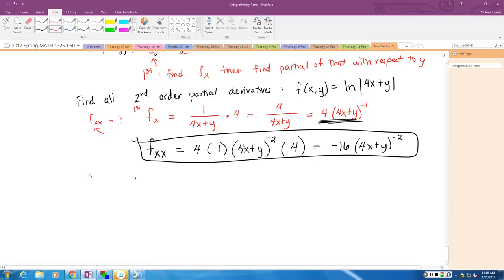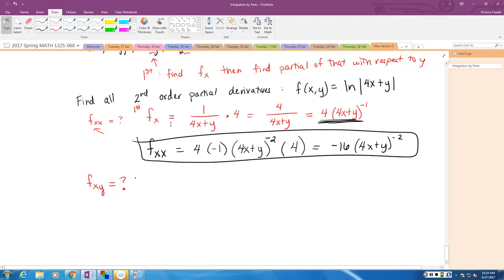Let's go ahead and find the partial derivative of f with respect to x, then y. Because I've done part of the work, right? So I really need you to be able to see this notation. You go from left to right. You're first going to find the partial of f with respect to x.